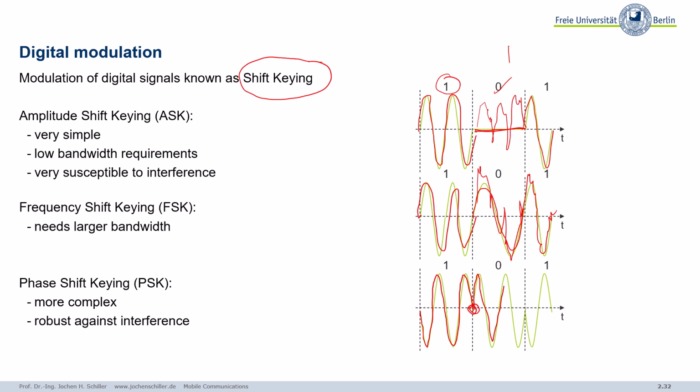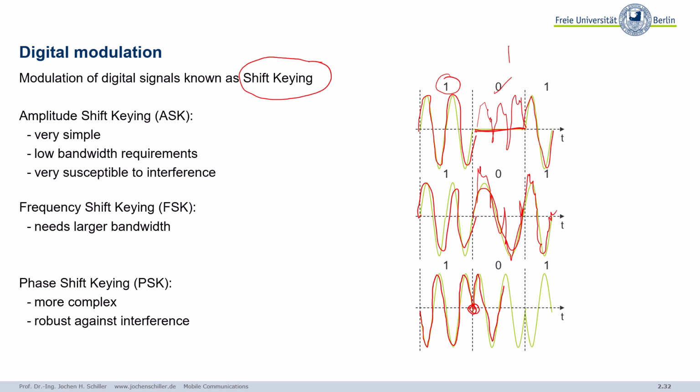This sudden shift is not so nice for technical systems, but that's here just for explanation. And technical systems can easily detect this shift in the phase. We as humans cannot detect this if someone shifts the phase in an audio signal, but machines can easily detect this. So these are the 3 basic ways of translating digital data into analog signals with their pros and cons.